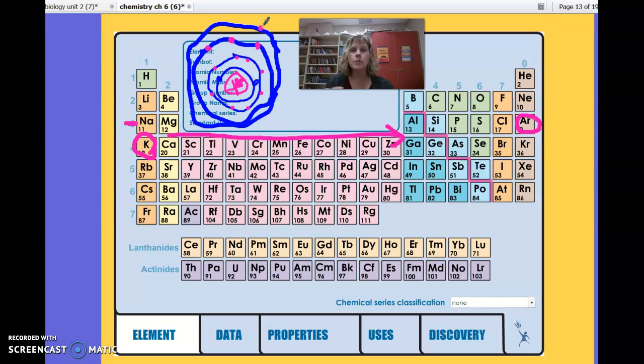It got smaller, smaller, smaller, and it jumped up. It added a whole new energy level. So potassium is even larger in diameter than sodium. So the trend as we go down, and this does make sense, the atomic numbers increase as well, but they actually get larger because we add an energy level with every new period going down.